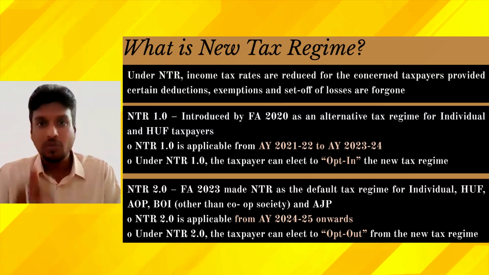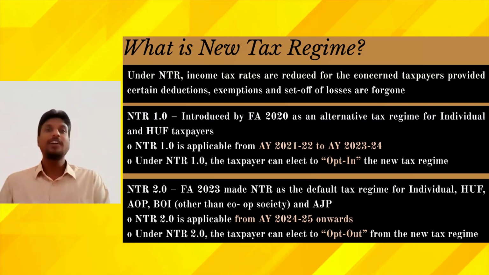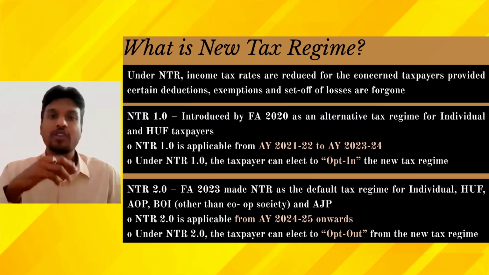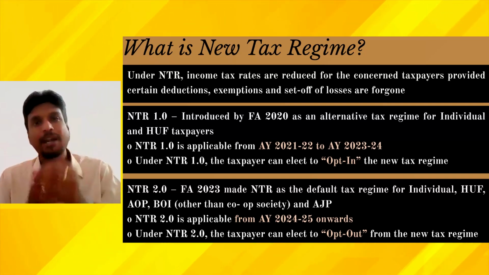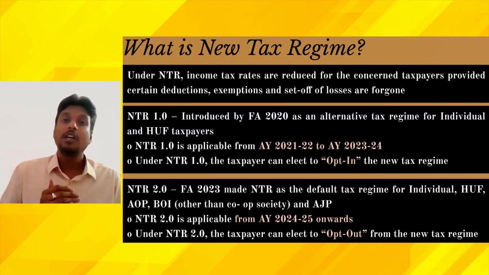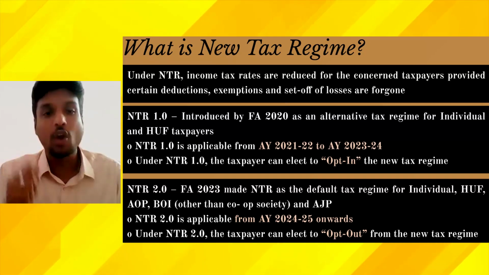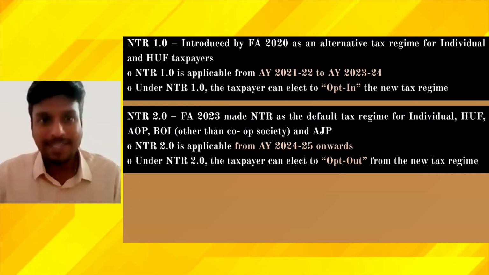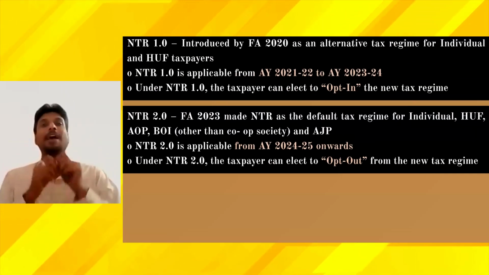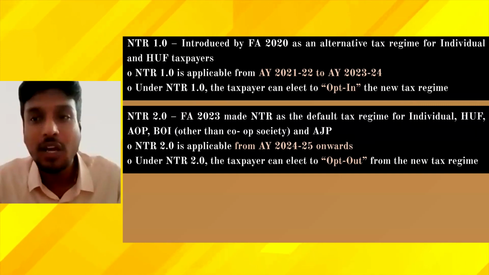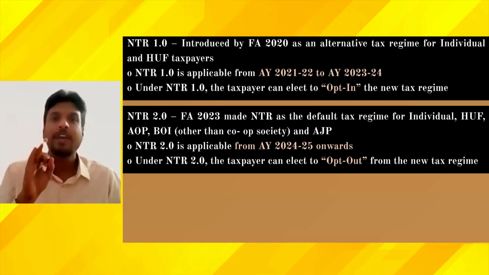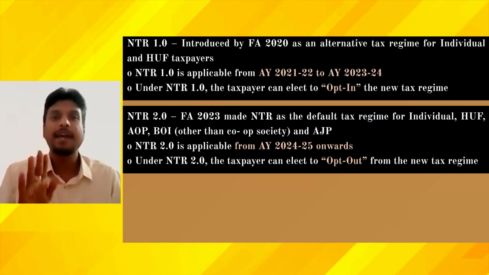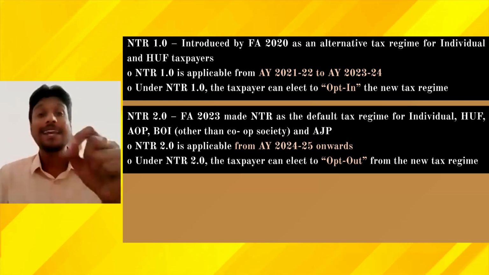In the Finance Act 2023, the new tax regime 2.0 was rolled out. That means certain amendments were made to the new tax regime 1.0. The Finance Act 2023 made the new tax regime the default tax regime for individual, HUF, AOP, BOI, and AJP. That means it extended.